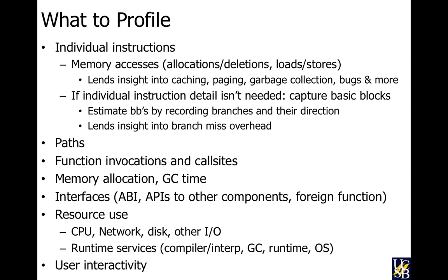We can profile memory allocation and garbage collection characteristics. We can profile the interfaces, the methods through which different components in the system communicate. Maybe you're interested in how often Python talks to C code and uses that foreign function interface between Python and C.